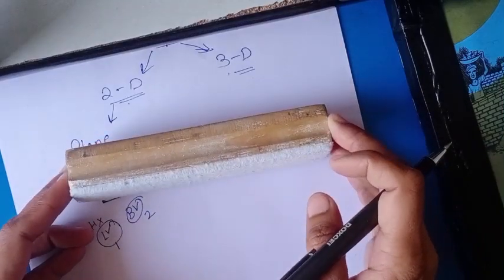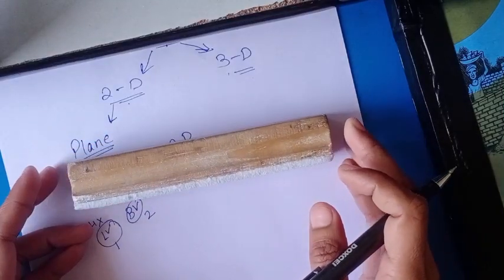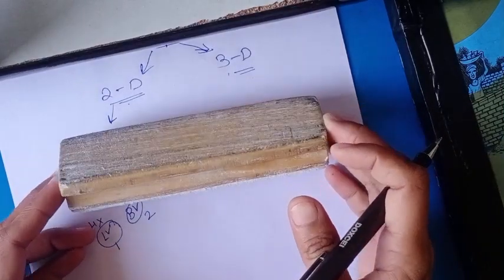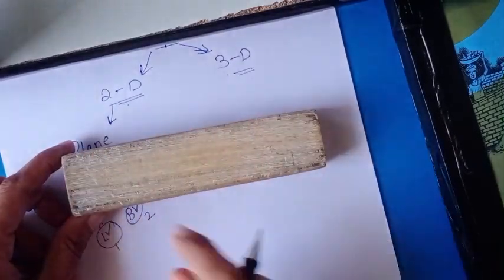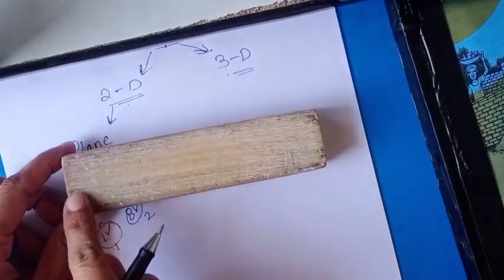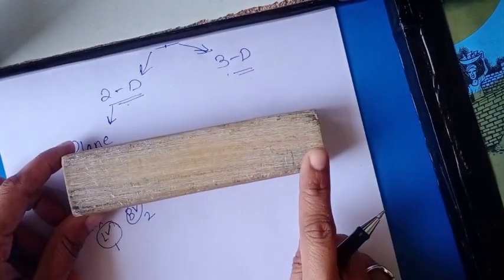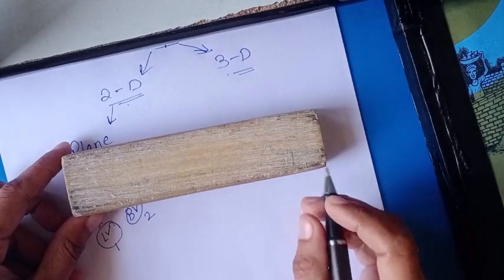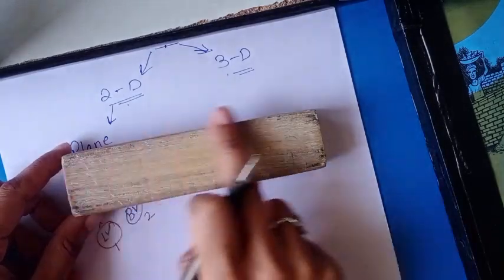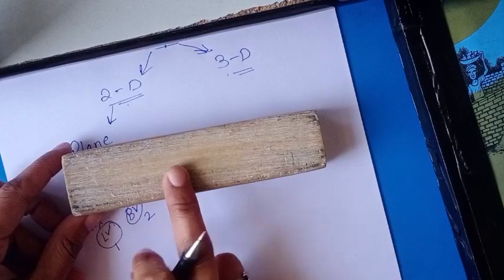If I ask you again, the upper surface of this duster is of which shape? Rectangle. Yes.